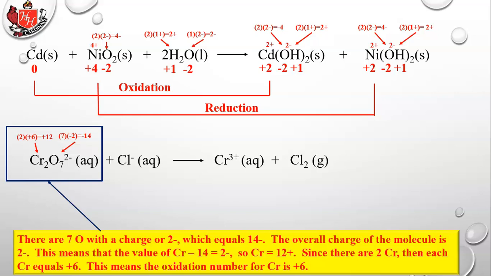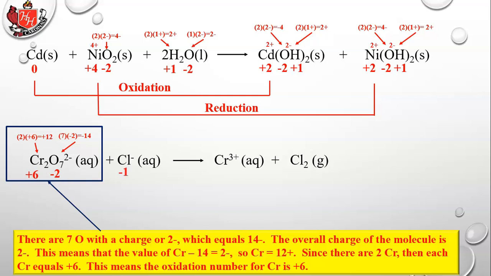That would be 12. 12 minus 14 will give you 2-. But there are 2 chromiums, so each one has to be a +6. 2 times +6 gives you that +12. So the oxidation number on chromium is 6. The oxygen is -2, it always is, and in this case the chromium is a +6.